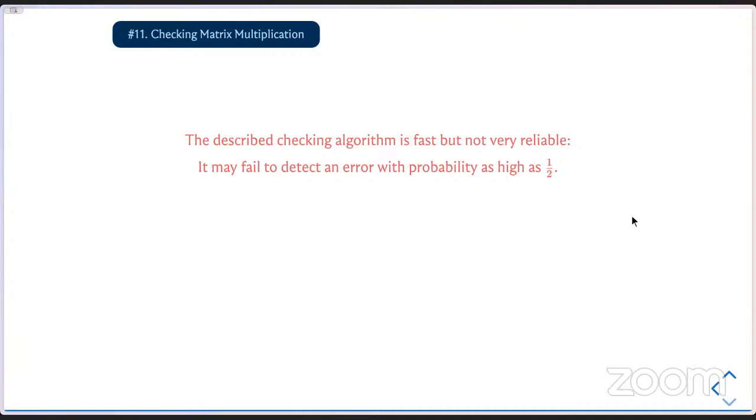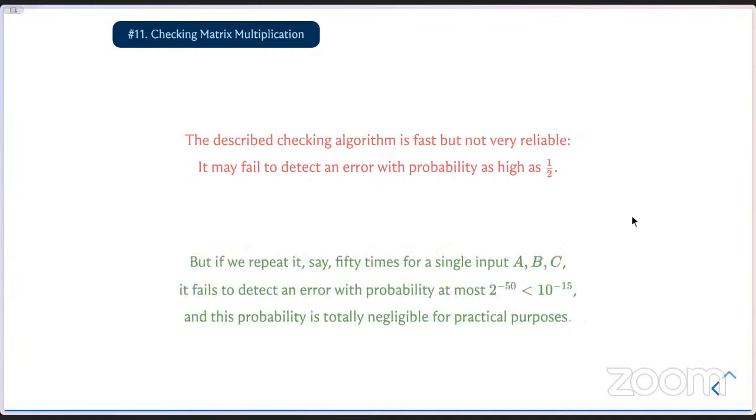This is a standard technique called boosting, where you just repeat your experiment to increase your confidence in the outcome. In the miniature, it suggested that you repeat this 50 times, which is not a big overhead, considering the algorithm is by itself really efficient, because you're only computing the action of 3 matrices on an n-length vector. So that's something that you can afford to repeat a constant number of times.